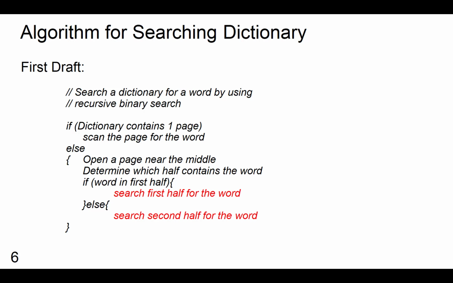That is another base case. Otherwise, we open a page near the middle and determine which half contains the word. If the word is in the first half, we do the same thing, searching the first half for the word. Otherwise, we search the second half for the meaning of the word.